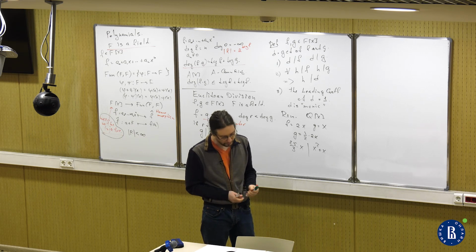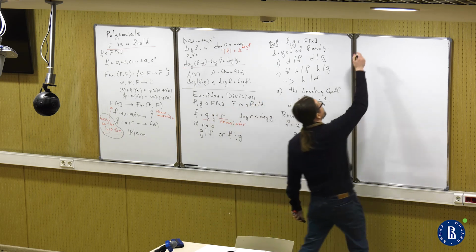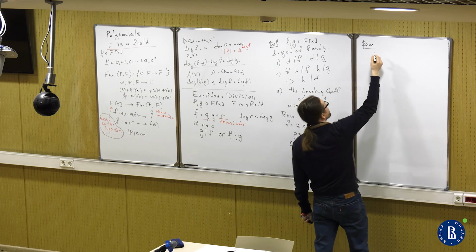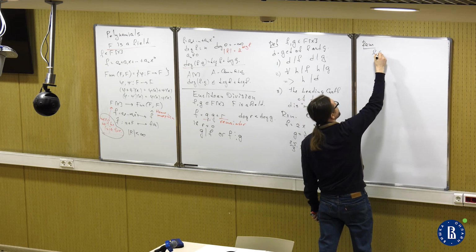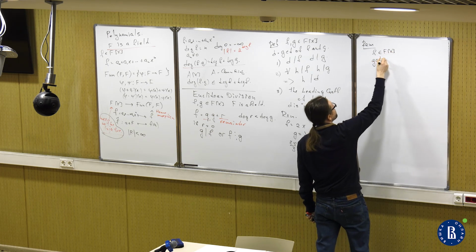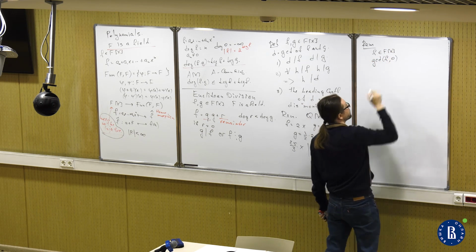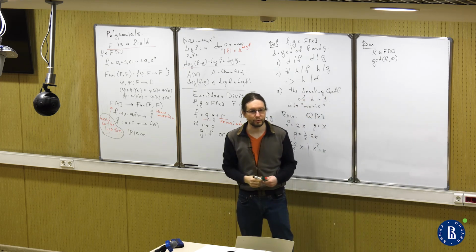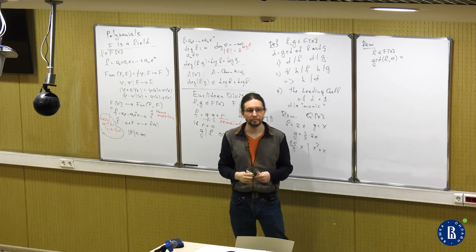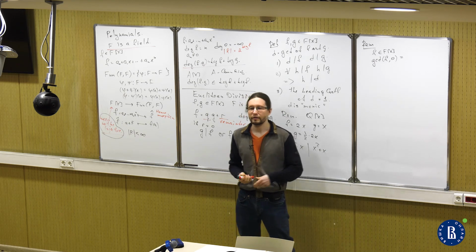Another remark. Let's say I take an arbitrary polynomial f and I want to define a GCD of f and 0. What will be the GCD? Okay, there are two options: 0 and f.